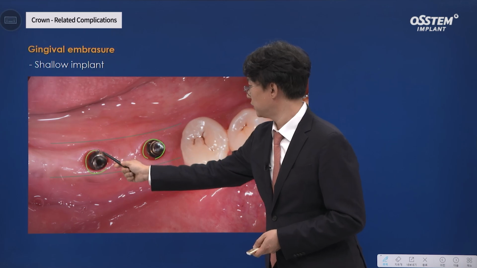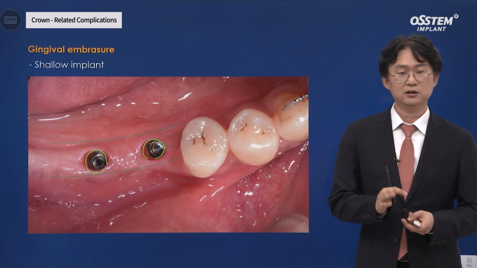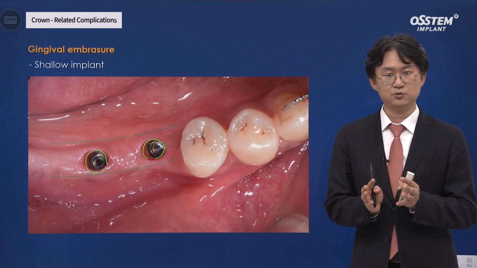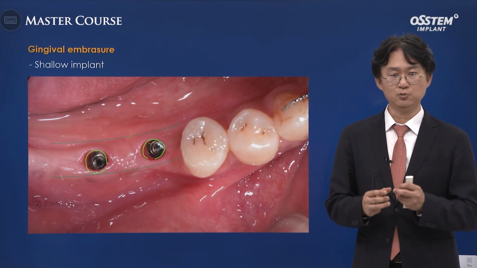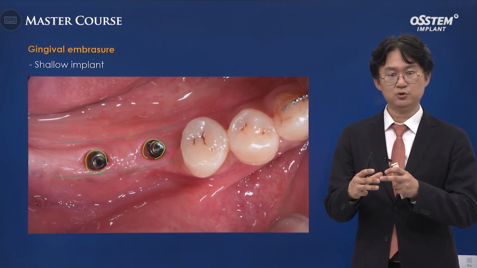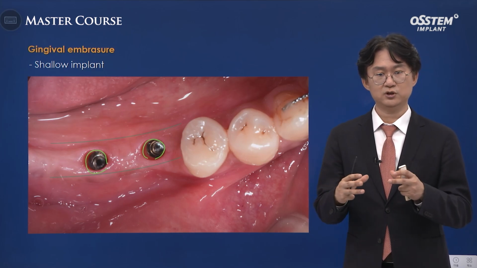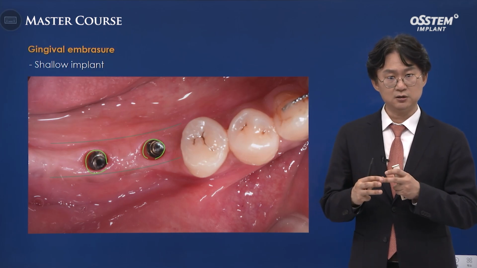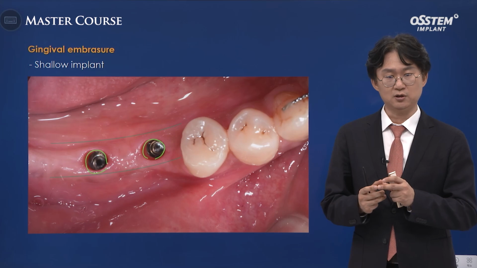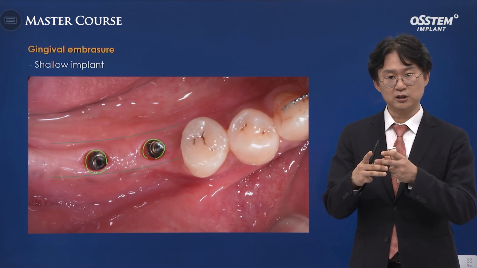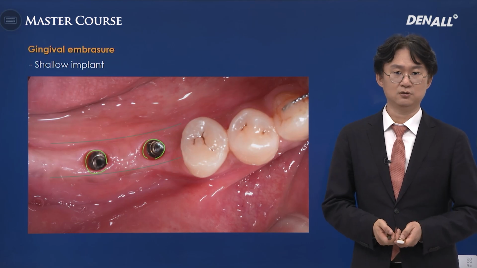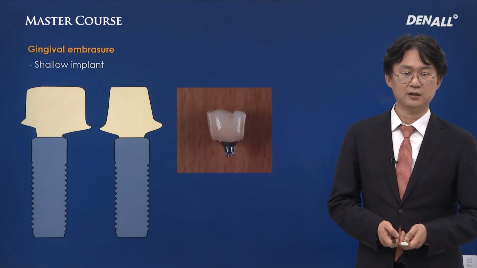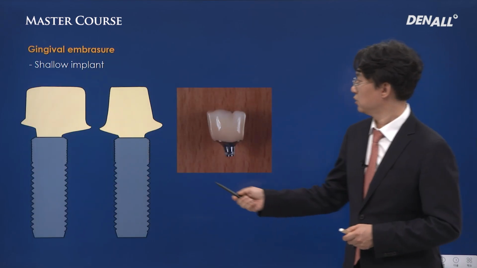Especially when an implant is placed shallow, we need to be careful. When they are placed too shallow, it is unfavorable for biologic width and vulnerable for additional bone loss. Rather than trying to expand the peri-implant mucosal seal, a sufficient embrasure space should be provided. That is the right approach for providing prosthesis.